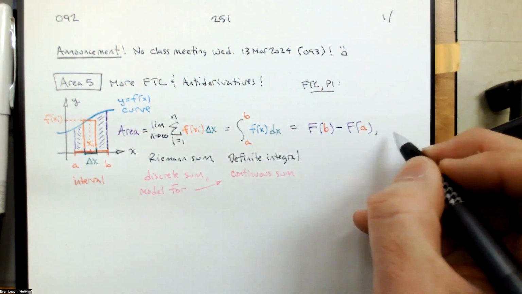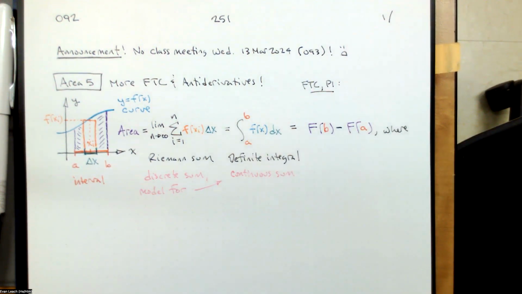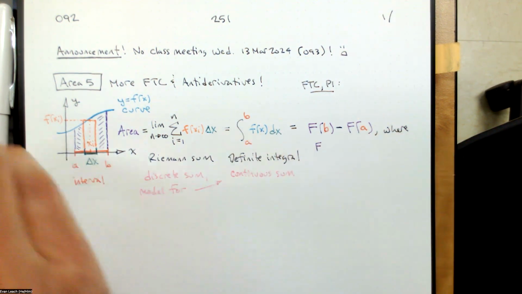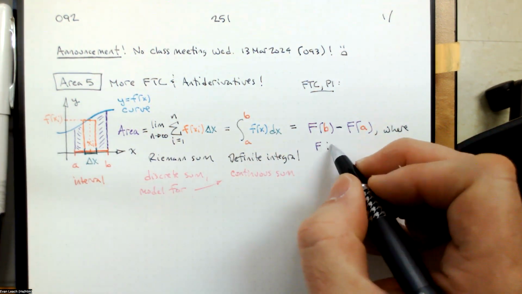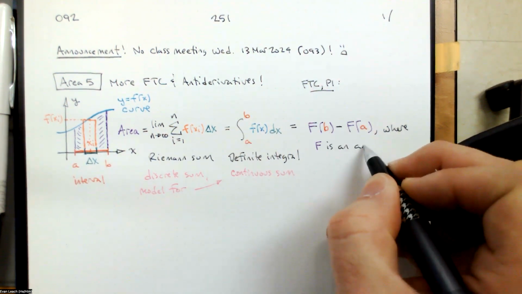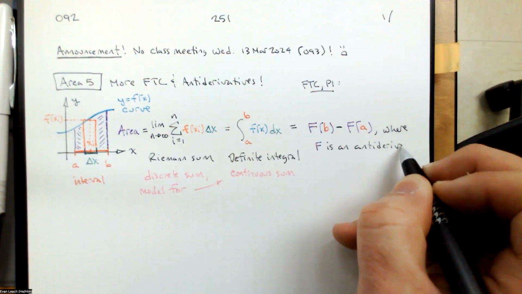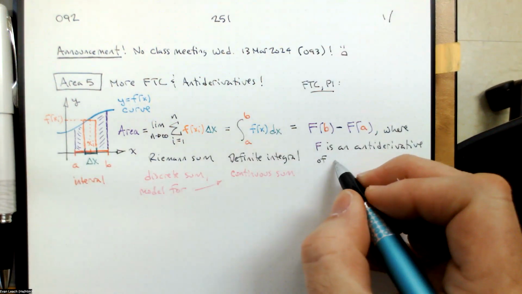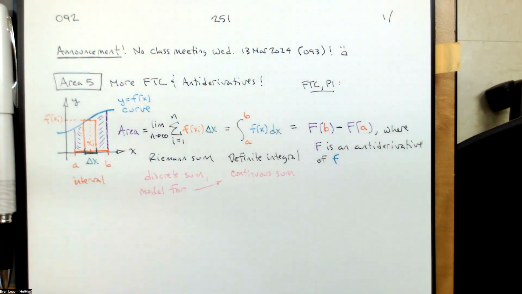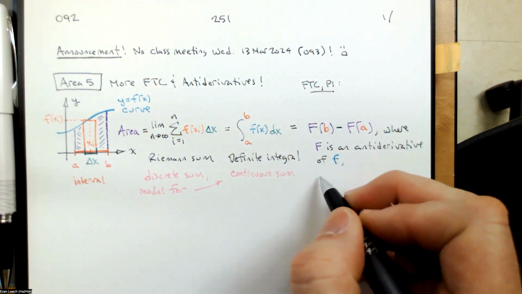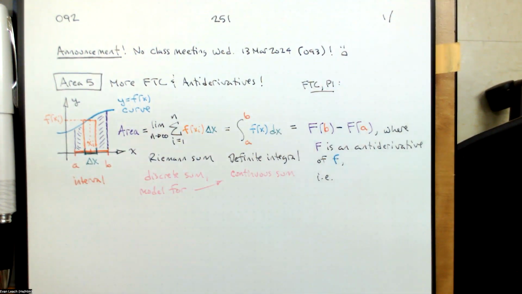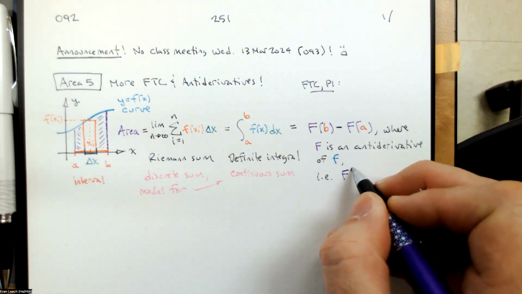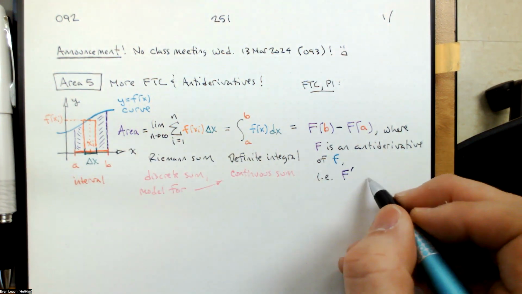Oh, and this is where capital F is an antiderivative of little f. That is, we take capital F prime, we get f.